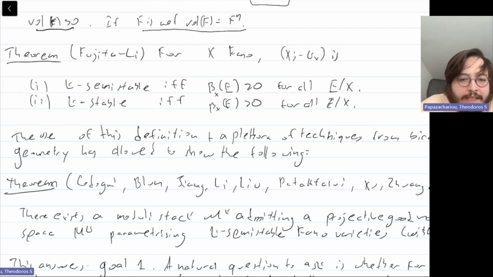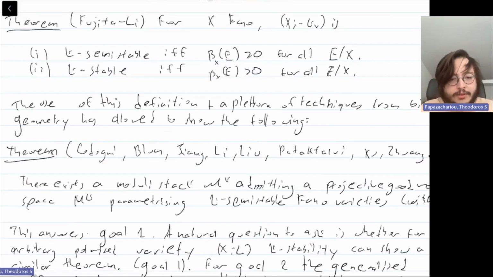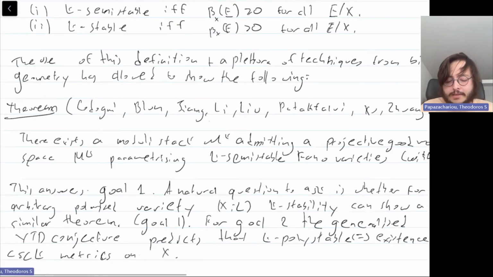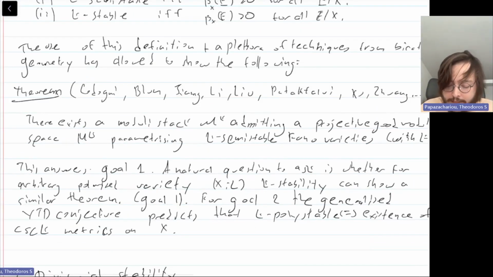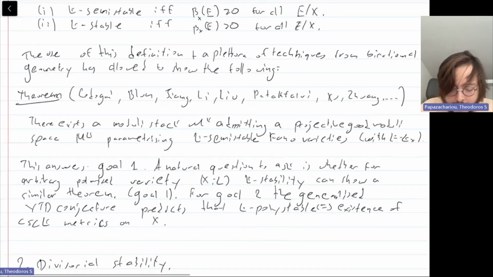So because of the introduction of these techniques, and obviously I'm skipping a lot of theory and history here, in the past 10 years, essentially, these techniques have allowed this particular theorem, which I list a lot of people here. There's probably more involved in this theorem. It's a collaboration between many people.